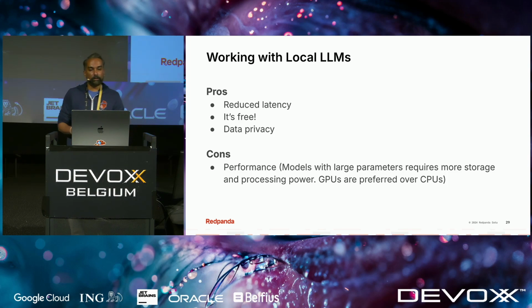So why is working with local LLMs good? Because it has reduced latency. That means you are inferencing the model locally, so there's no need for centralized internet communication. Your responses will be pretty fast. And it's free.